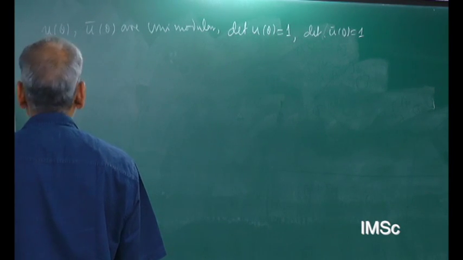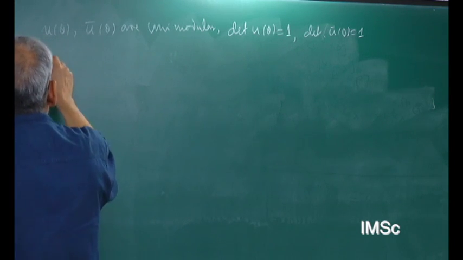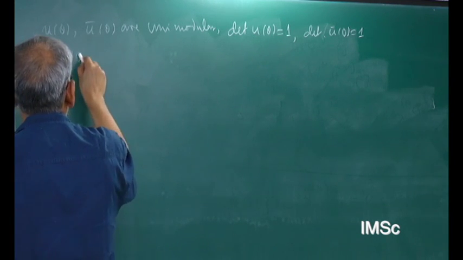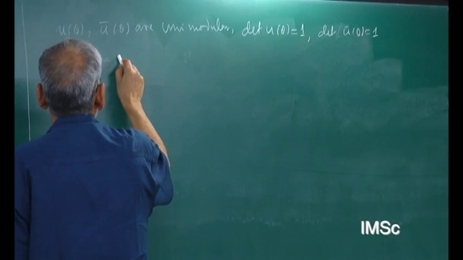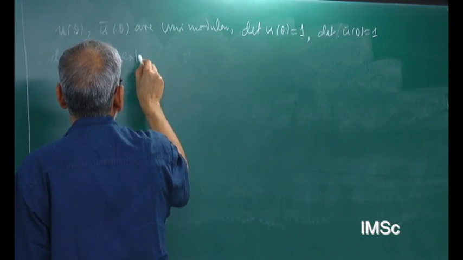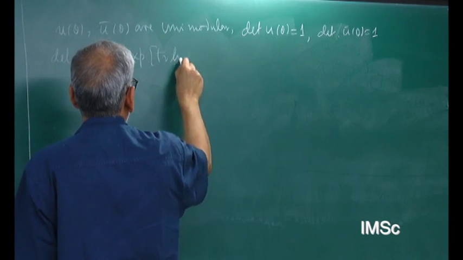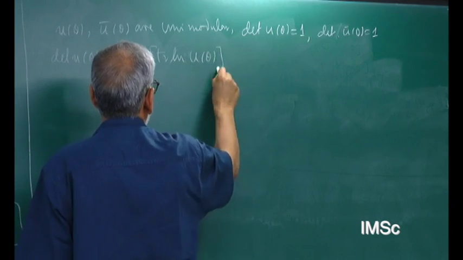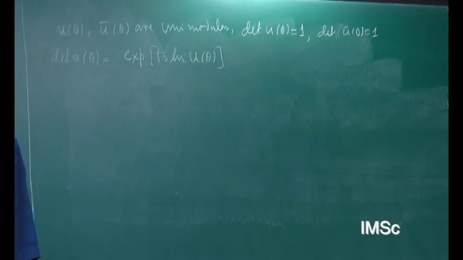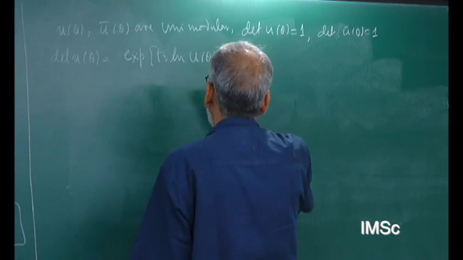And that is very straightforward to see, because the determinant of U theta I can write as exponential of trace log U theta. That's the way determinants are, the product of all the eigenvalues. A determinant of a matrix U is exponential of trace log U.